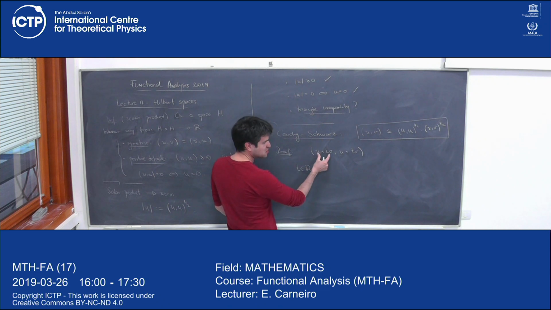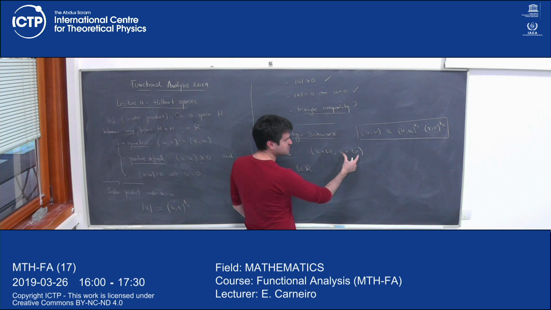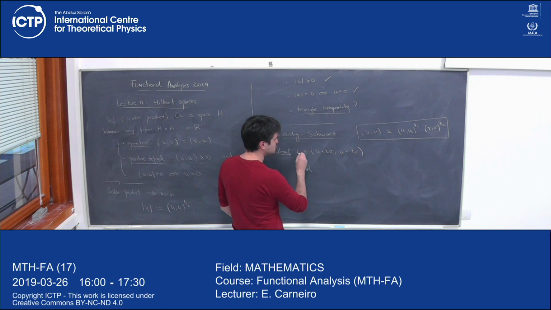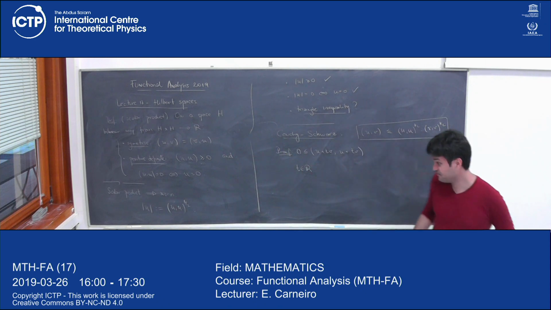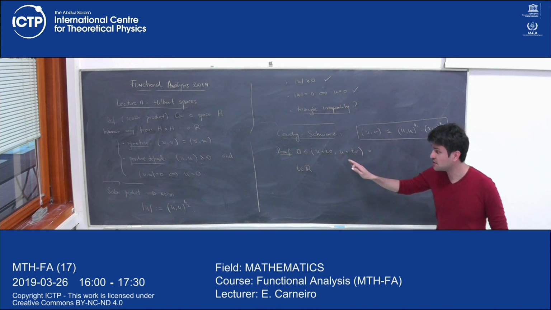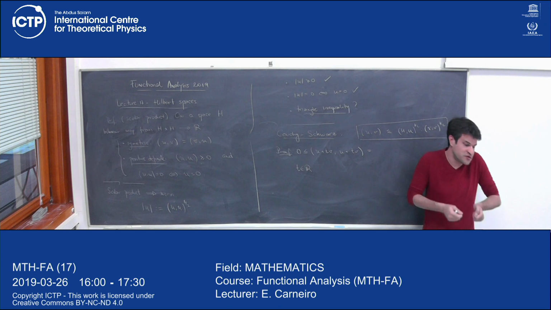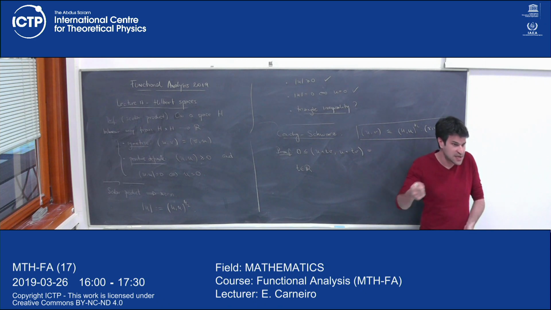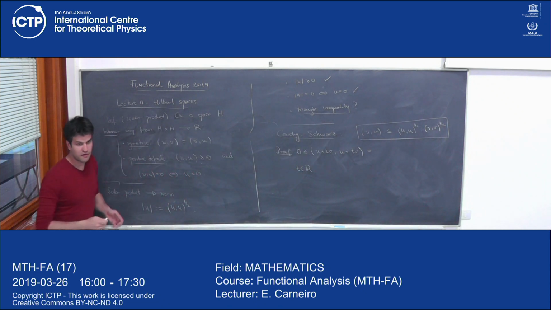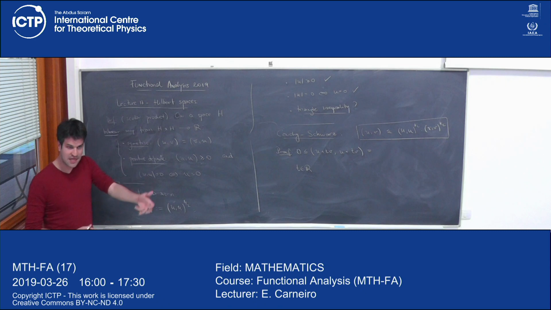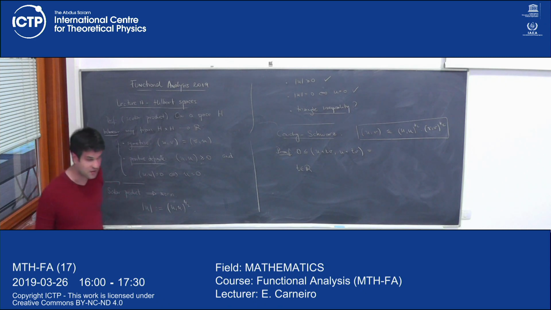Being the same vector, w scalar w, it's always bigger or equal than 0. But then you use the linearity in each variable. If you freeze one of the variables, it's linear in the other variable. This is what bilinear means: you can add up and you can multiply by scalars.